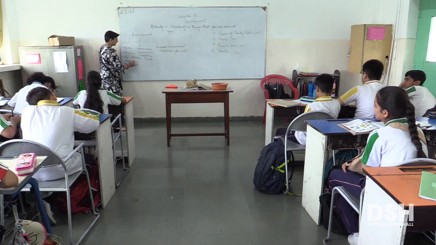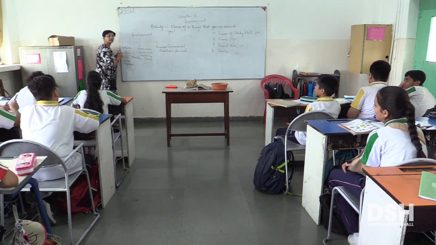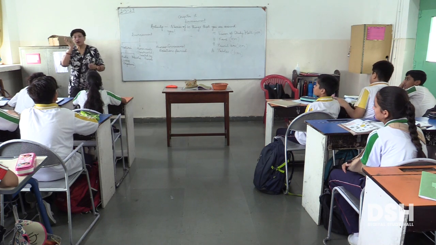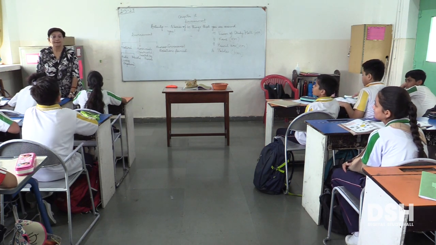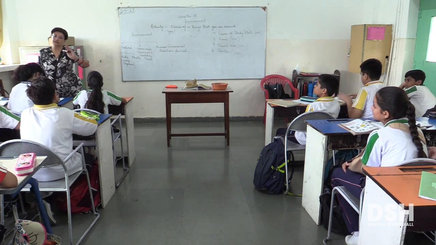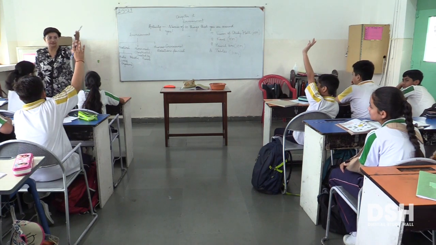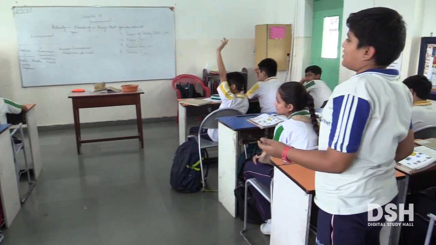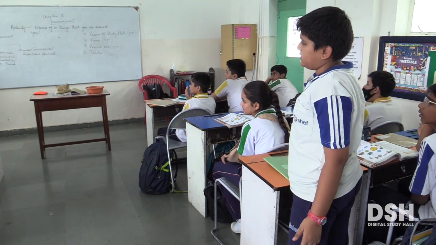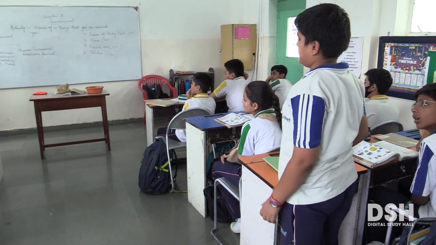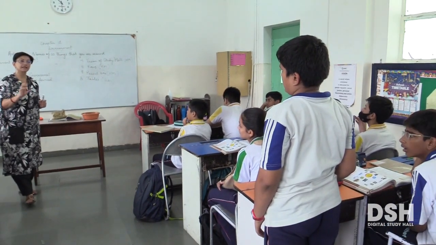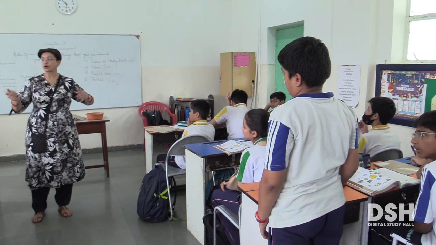Now, abiotic? What non-living? Natural things. Beta, not like this. You have to raise your hand so that we can address. Hemang? Beta, can you put them in broader headings rather than giving them loosely? Rocks, soil.